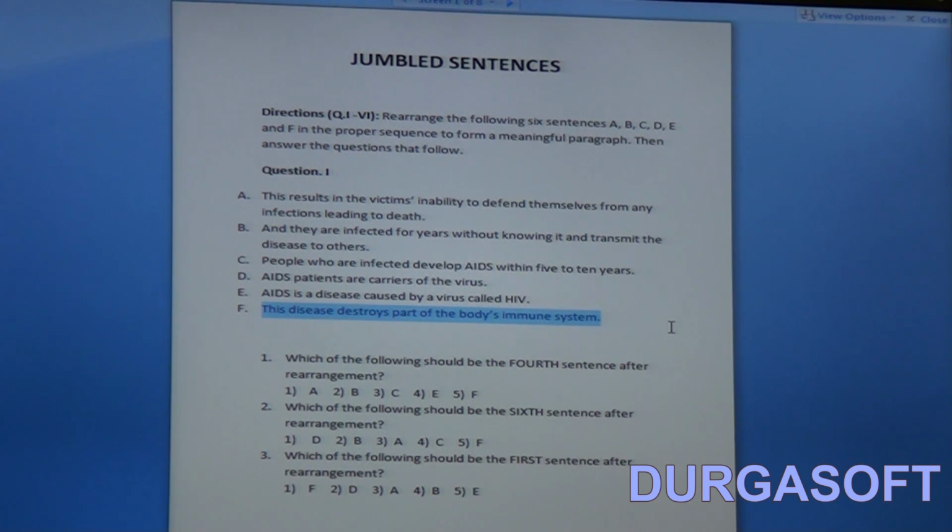This disease destroys part of body's immune system. That is what AIDS does. So now we should ask the question, so what? Or what next? What happens after the disease destroys part of the body's immune system?